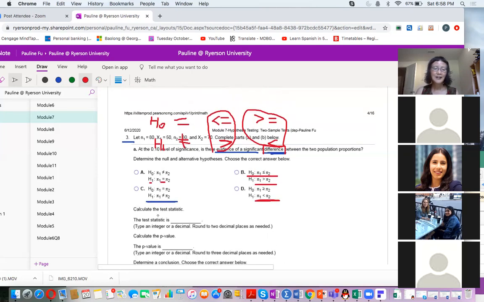Next question asks you for the test statistic and the p-value. So you use a calculator, okay? The starting point, you use F3 test.